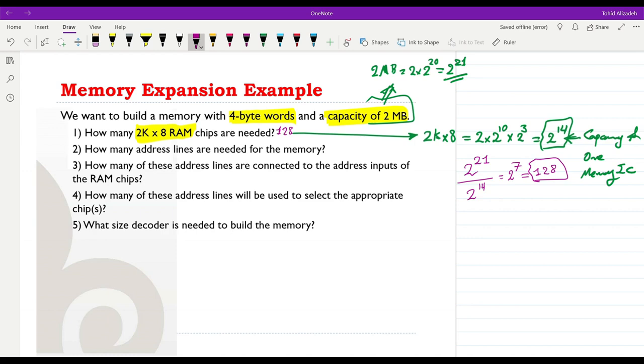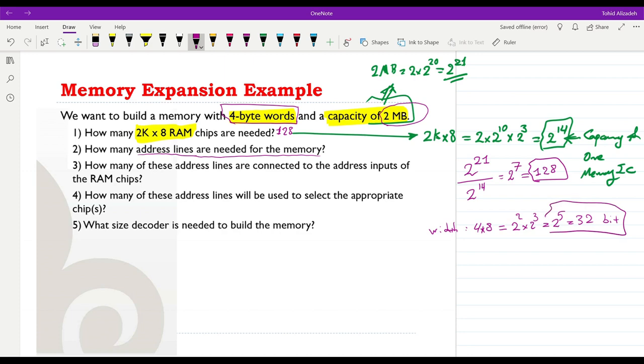Now the next question is about the number of the address lines which are needed for the memory. So we know the total capacity, 2 megabits or 2 to the power of 21. We know the width of each element, 4-byte words. 4-byte words means that the width that we have for our memory will be in the form of 4 times 8 bits, or 2 to the power of 2 by 2 to the power of 3, or 2 to the power of 5, which is 32 bits.